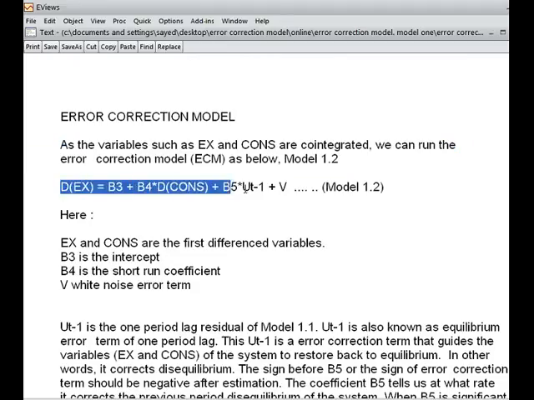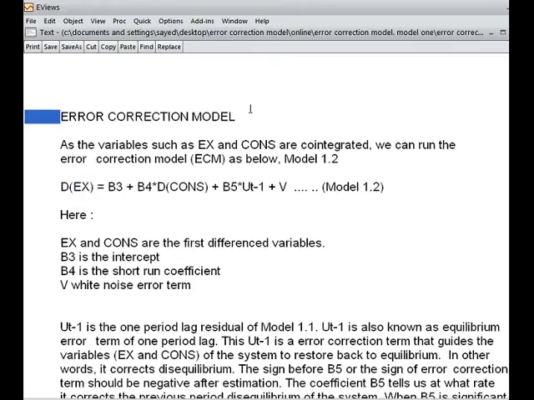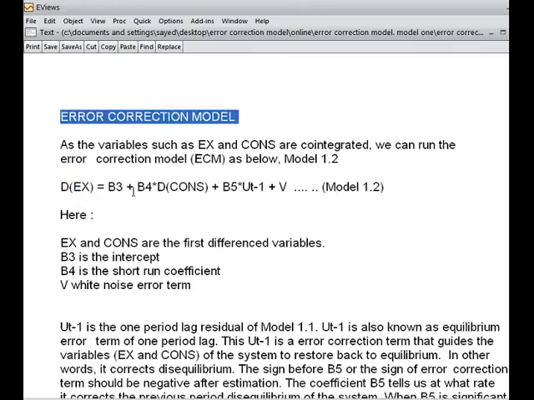So this one is our model 1.2 and this one is the error correction model. And here you see ex is the dependent variable. So in the error correction model, the variable must be stationary.